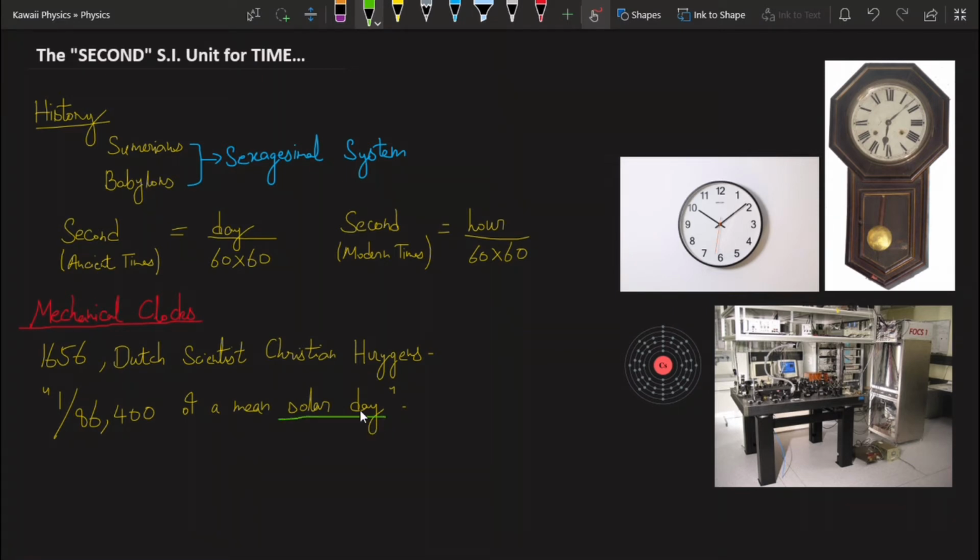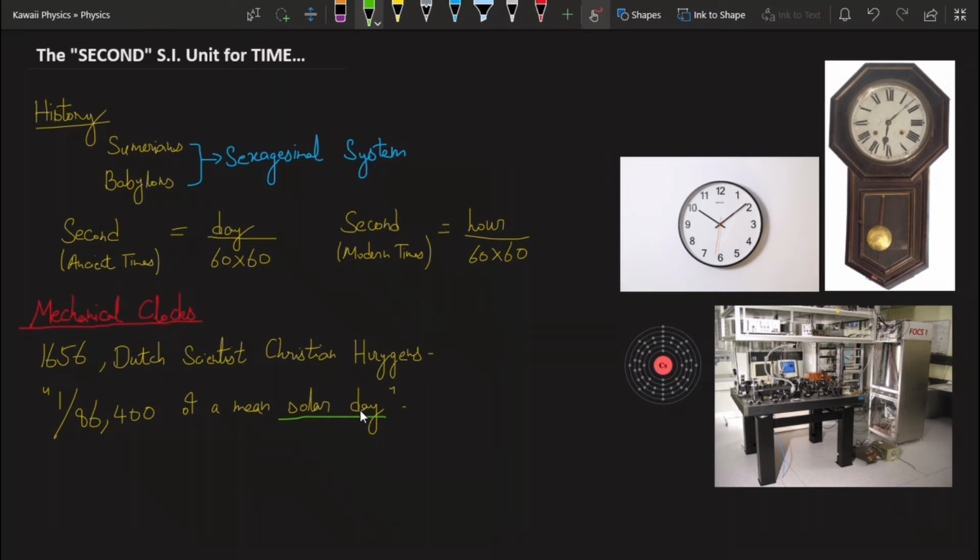What is a solar day? Well, a solar day means the rotation of the earth around its axis so that the sun appears at the same spot or position in the sky. For example, if the sun is at 45 degrees or some spot in the sky, on the next day it should be on the exact same spot. So that is the solar day.